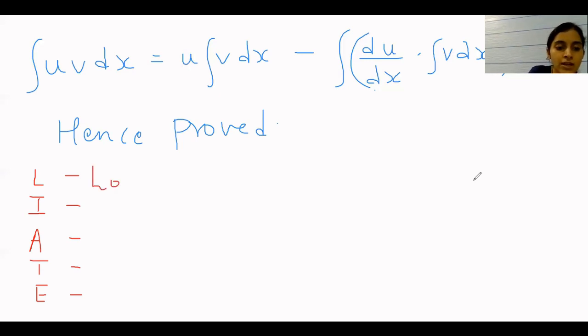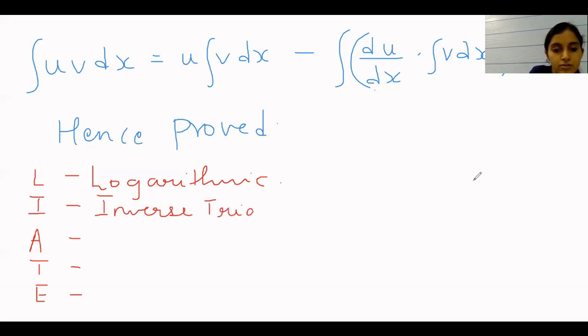L is logarithmic. I stands for inverse trigonometric. Then A is algebraic. Then T stands for trigonometric.